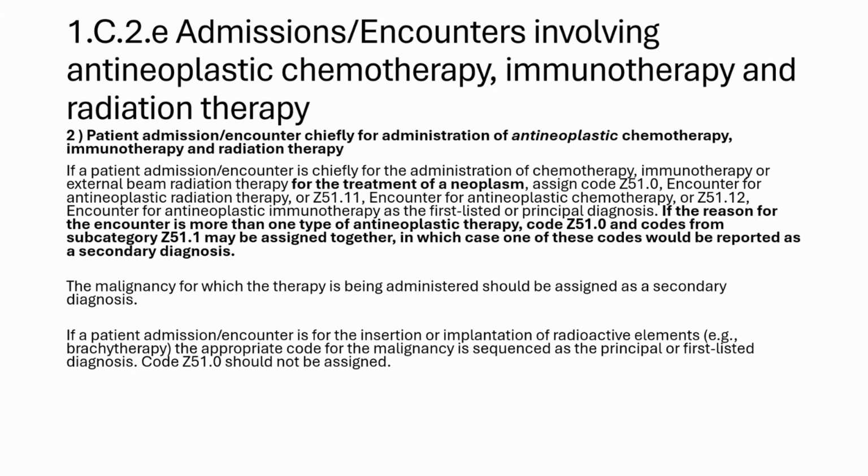And the malignancy being treated is coded as a secondary diagnosis. The exception is insertion or implantation of radioactive elements, so brachytherapy: the malignancy is principal and Z51.0 is not assigned.